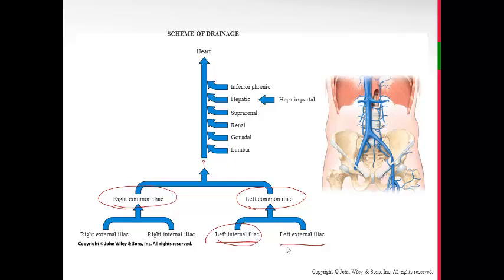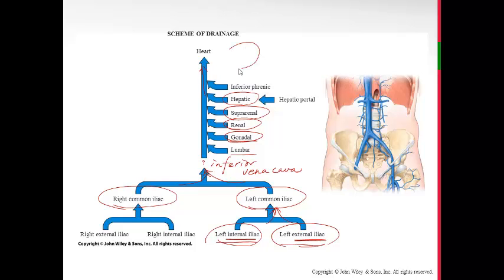They have their respective external iliac and internal iliac that drain into the common iliac, and both right and left common iliac are going to drain back into the inferior vena cava. And along the way, it's going to receive all the other drainage as well from lumbar, gonadal, renal, suprarenal, and hepatic, back from the liver, and all the way back into the heart.